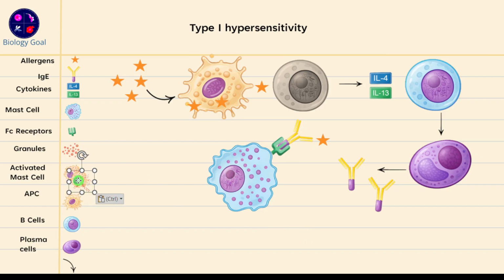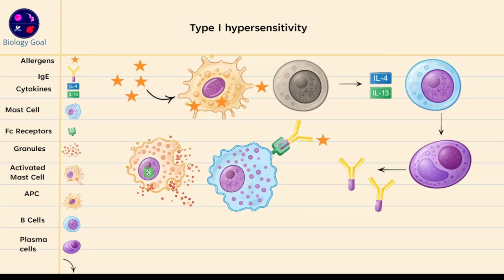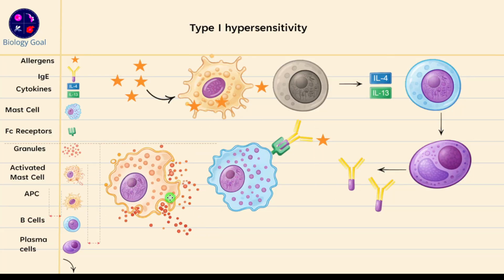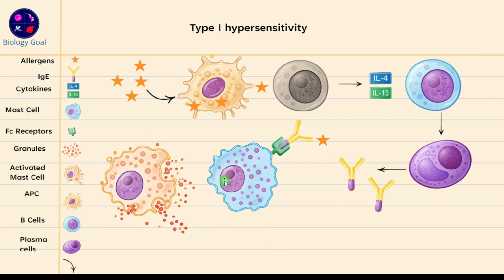These are the mast cells, and look at that. These mast cells are releasing granules into the system, and these granules will have mediators that are going to cause a lot of problems.